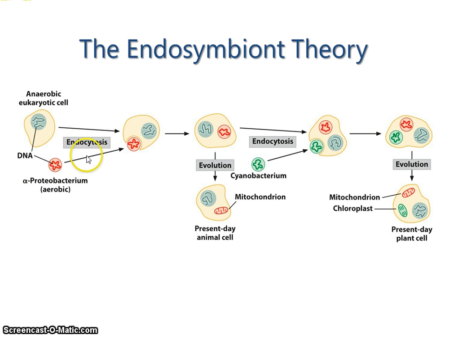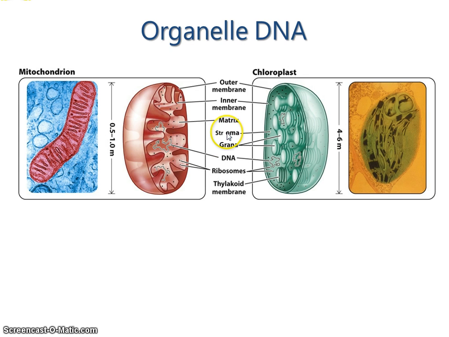And so in theory, we would take some way back when anaerobic eukaryotic cell, and it would phagocytose some sort of bacterium, they're calling it a protobacterium. Oh, I forgot to mention that both mitochondria and chloroplasts generate energy.